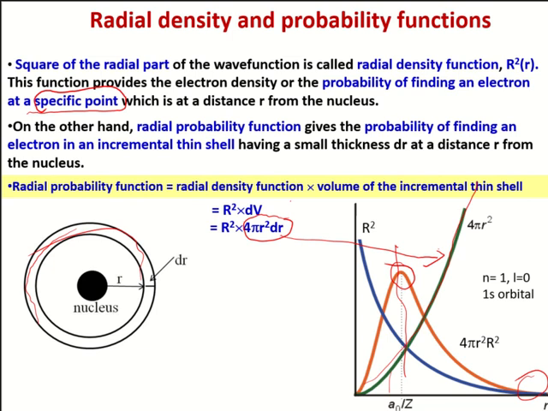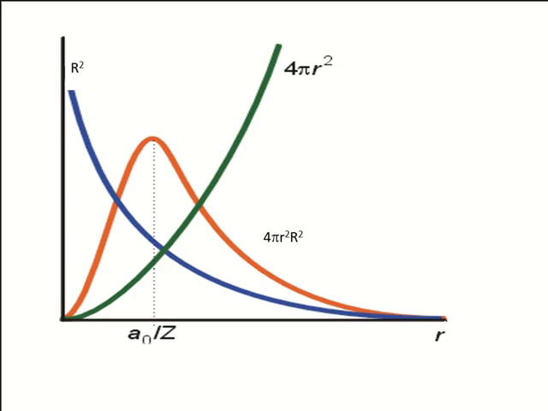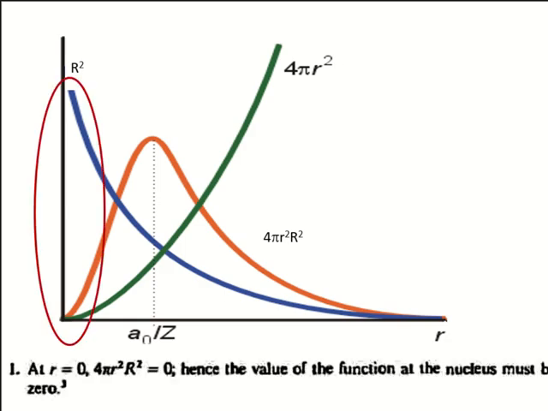So the maximum probability in the thin shell is at this point, at distance r. So ये चीज़ है जो जरूरी है समझना. So this is the situation at r equal to 0, where this term 4 pi r square is 0 because r is 0.